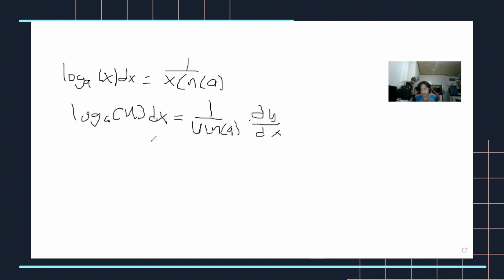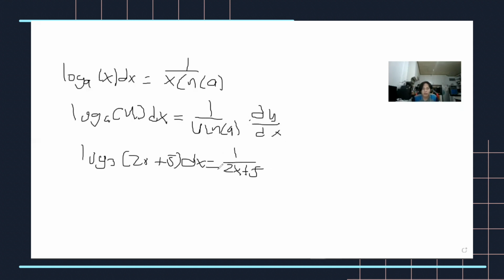Let's say we have log base 3 of 2x plus 5, dx. To get the derivative of this, first let's put 1 here, then over the denominator would be the u, which is 2x plus 5.